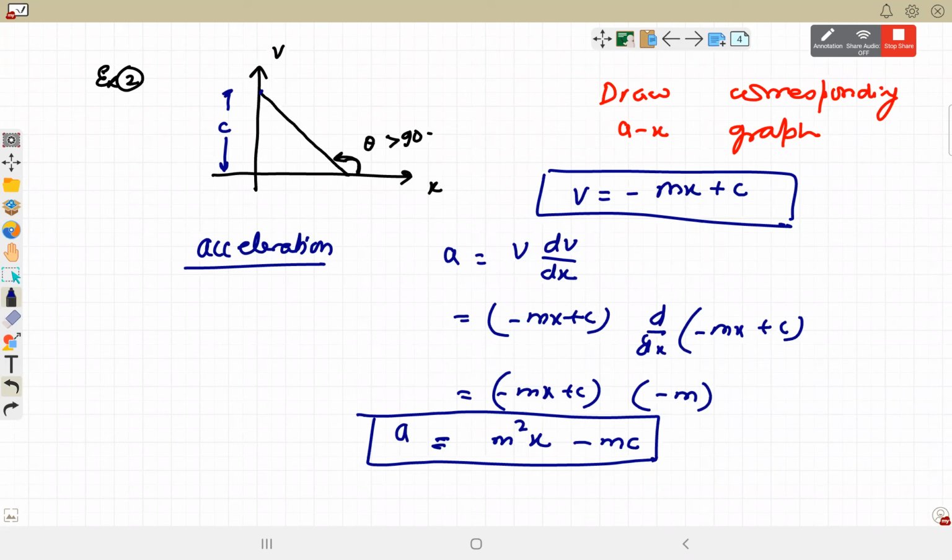अब ये कैसी इक्वेशन होगी? What is this graph? It is a straight line, parabola, ellipse, hyperbola. What is this? It's a straight line.